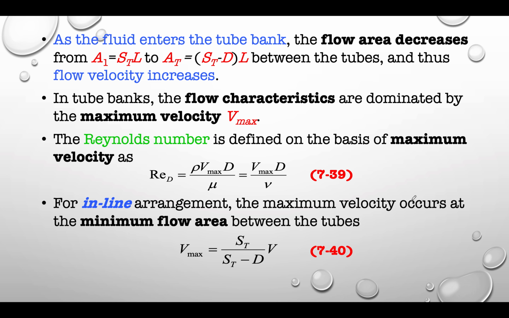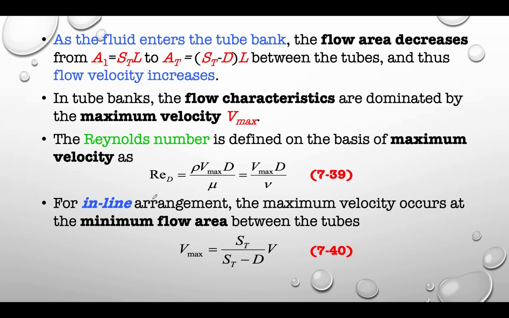In this question, it is already mentioned that it is an inline arrangement. Therefore, V max is equal to ST over ST minus D times the velocity. After you get the V maximum, you substitute it into the Reynolds number to find its value.